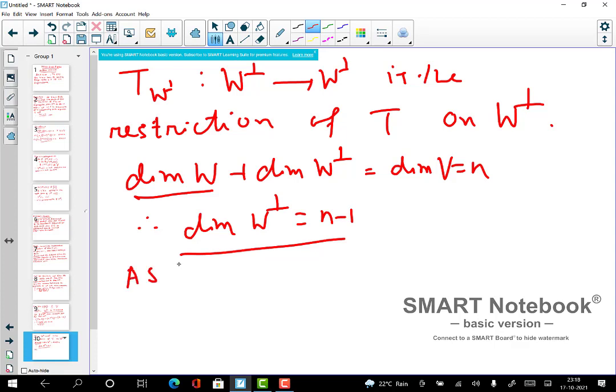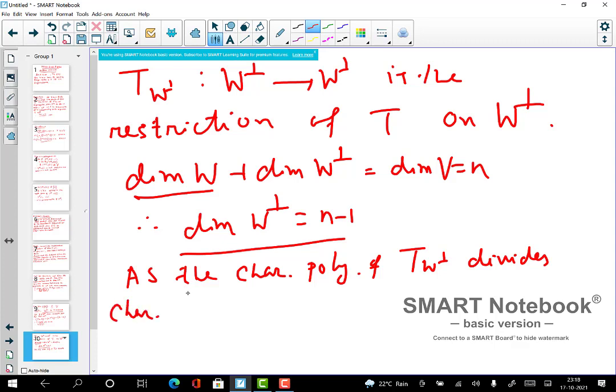So the characteristic polynomial of T_W perp divides the characteristic polynomial of T, and the characteristic polynomial of T_W perp also splits, right?